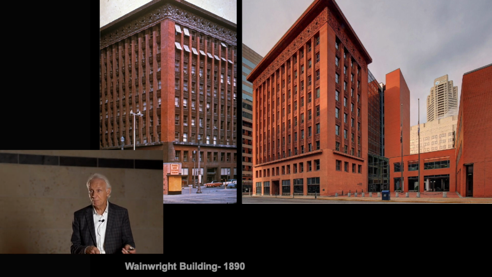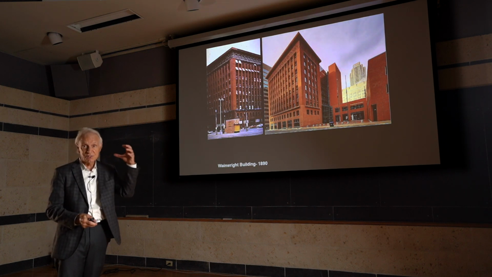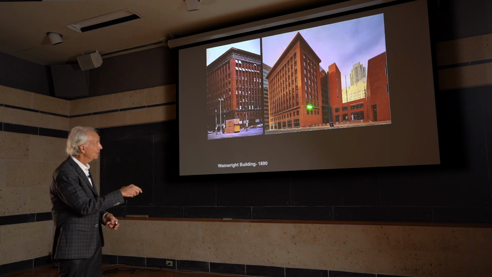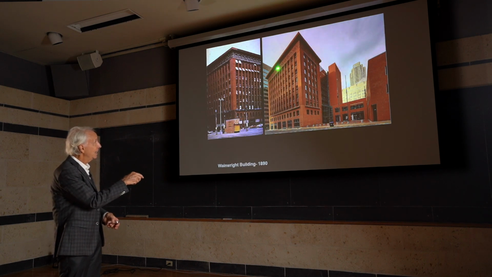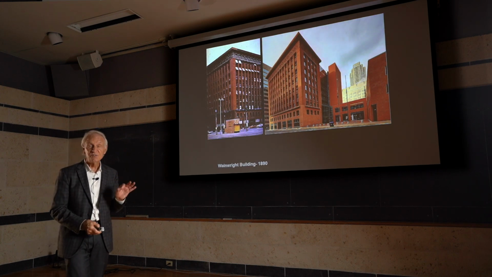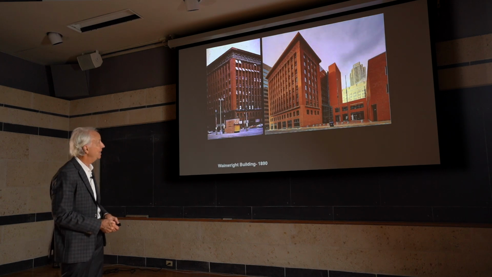But that would be different on the bottom, where it would be retail down there. And it would be different at the top, where there might be mechanical equipment and other kinds of services that were required up there. So it begins to say there's a bottom and a middle and a top, and that portion in the middle that is really about the function of offices is this very regular repetition of units of office space.